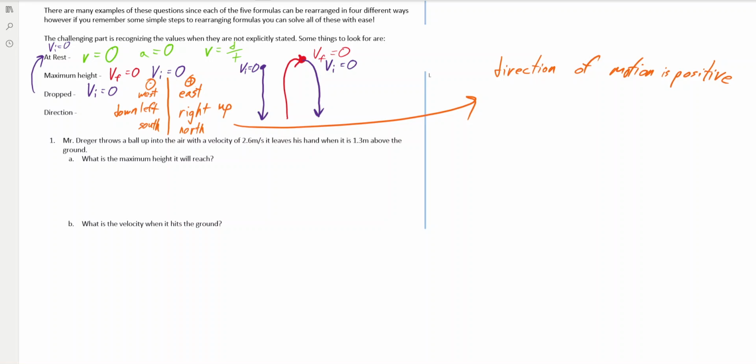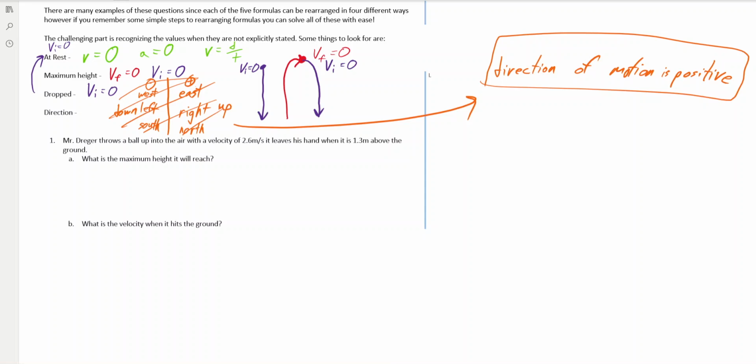If something's moving to the left, we usually say that's also positive. That's how we normally do it, but it all depends on your frame of reference. And so this is how I will always do it. Direction of motion is positive. Okay, that's a better way to look at it than this. This is actually more of a Science 10 concept, which is helpful and nice, and you can use it, that's fine, as long as you're consistent, but better is if you say direction of motion is positive.